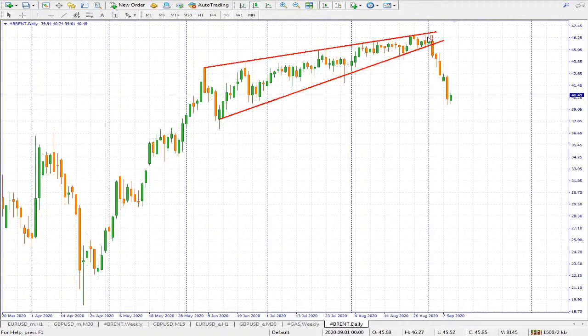So after this breakout, you're supposed to have been looking for a sell. We actually still expect a sell up to this support. Technically, we do expect more sellers to come in up to 37.97. So I don't recommend you look for a buy now. Do not buy it now. Just keep looking for a sell, or that is really much safer to look for a sell than to look for a buy on this chart.